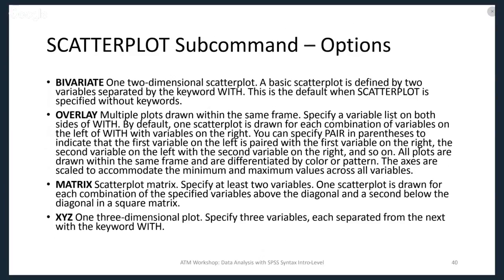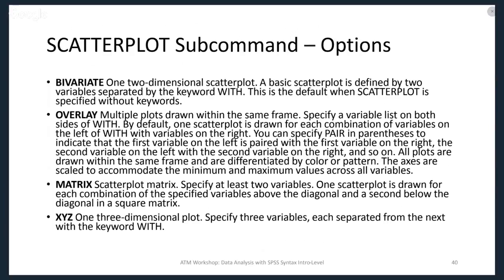There's a bivariate, overlay, matrix version, XYZ version, and there are a lot of fancier options and specifications related to the scatterplot subcommand as well, right? Bivariate, again, is the first scatterplot we did, just two variables only. Overlay is what?